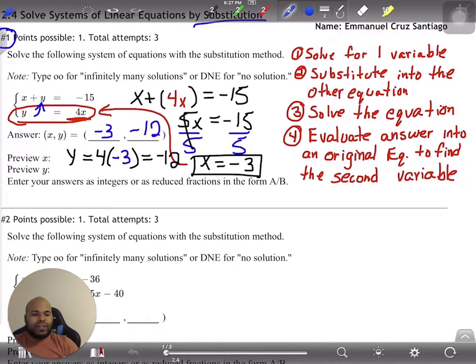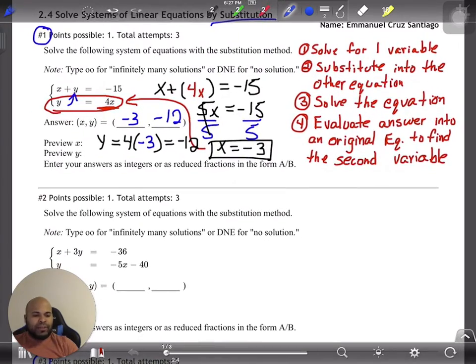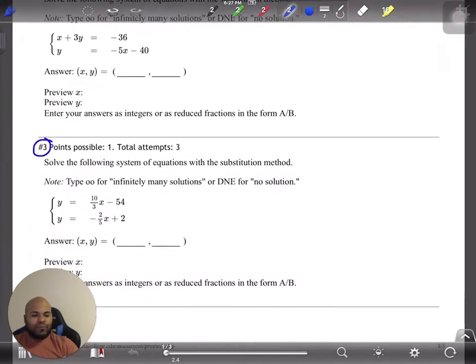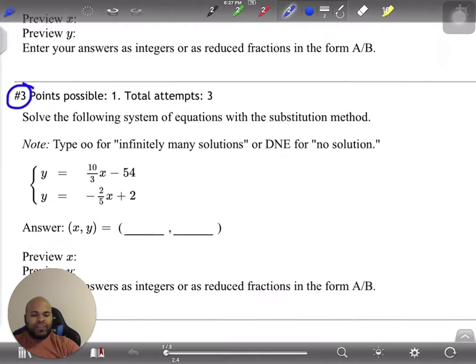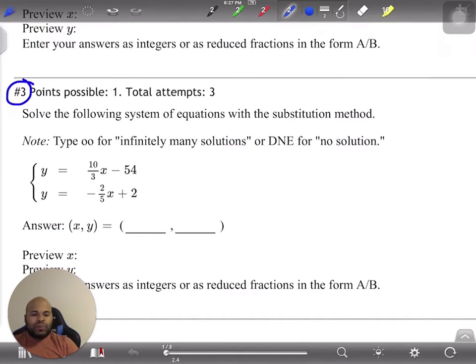All right, so let's do it one more time, because when we do more problems, hopefully those 4 steps will become visible. Okay, step number 1, solve one equation for one variable, right? Now the thing is, both equations are solved for one variable, the same variable, which in this case is y. Well, this is perfect, because if they're both solved for y, all you have to do is set one equal to the other, right?